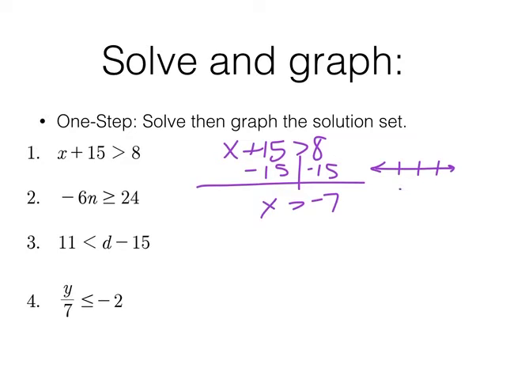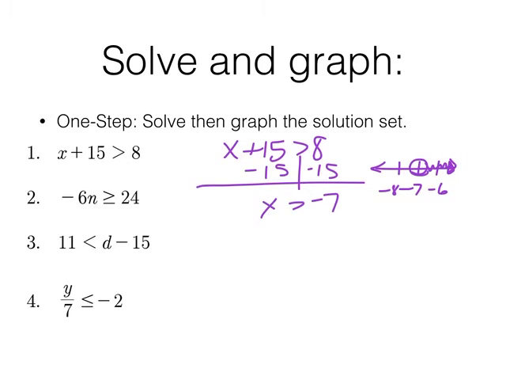Put your -7, -8, -6 on the sides, open circle, shaded up. So this gives you a quick reference for looking at what answers are working for that particular inequality. So in this problem, we can now say, what numbers are in the solution set? Well, -6 is in the solution set because it's shaded in.